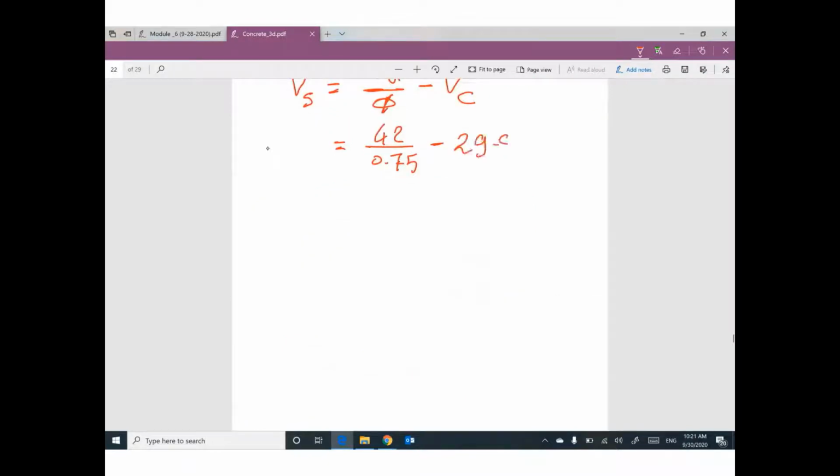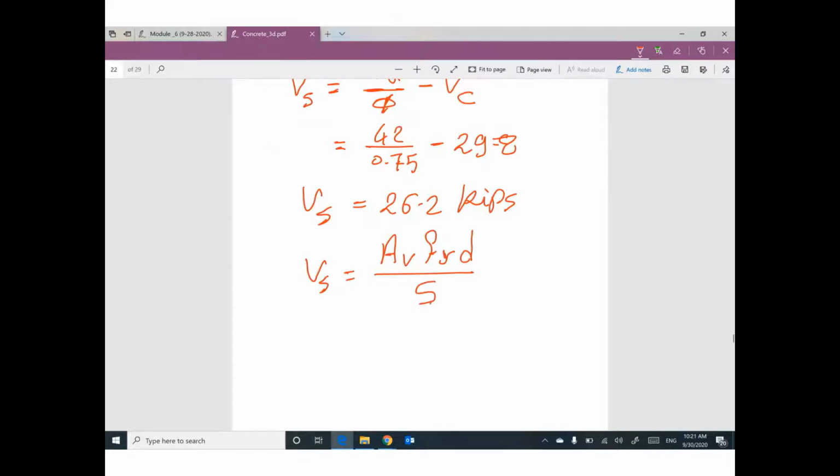So the value of Vs will be 42 divided by 0.75 minus 29.8. It will be 26.2 kips. If you go back to your equations, Vs equals A v, I think f yield, I think d divided by s, I believe. Just a moment.